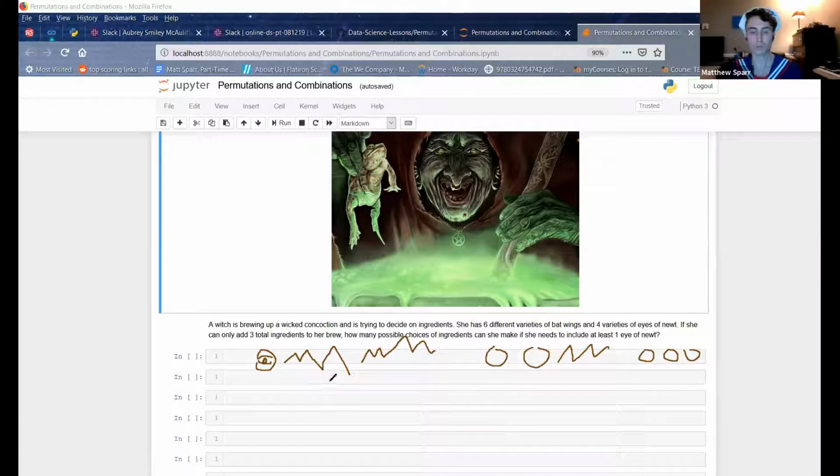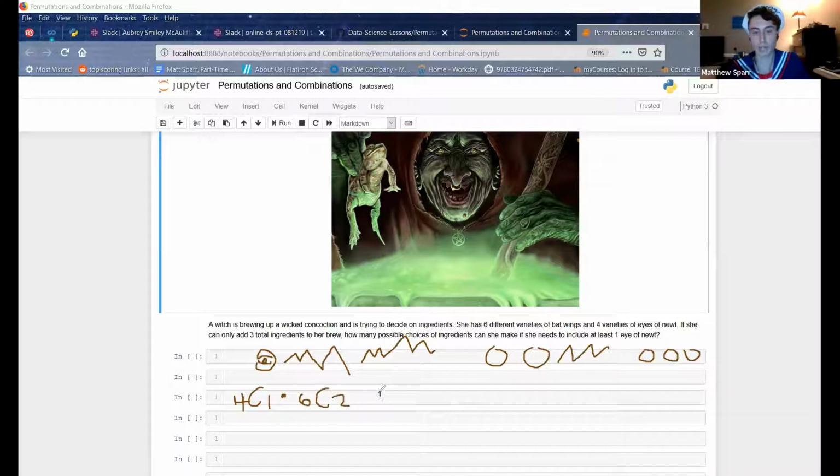In order to figure this out, we can look at our 3 possible scenarios in terms of the number of eyes versus the number of wings. For the first, there are 4 possible eyes and we choose 1, and for the bats, it's 6 possible ones, choose 2.